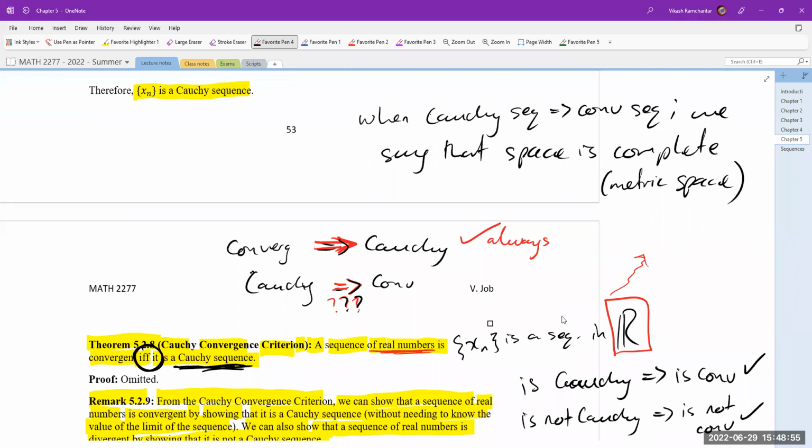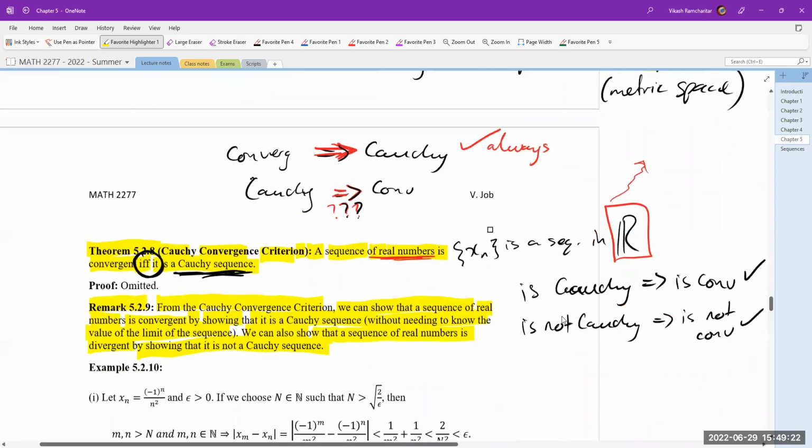So if you ever come across the word complete, or that a metric space is complete, that's just a fancy way of saying that Cauchy sequences converge in that space. Okay, so it's a very nice type of space to work in, these complete metric spaces. And R, as you could probably tell, R is a complete metric space. Okay, R is complete. Cauchy sequences converge here.